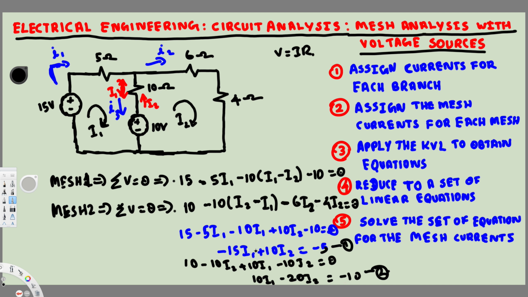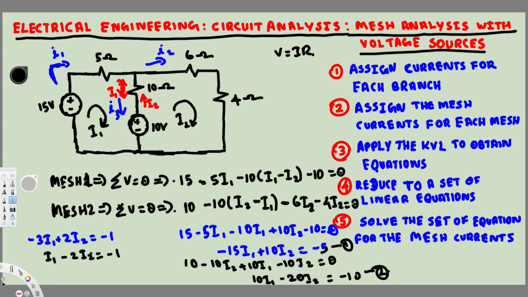In the first equation, you can see that we can simplify in basic terms, like we can divide everything by 5. That's going to give us minus 3 I1 plus 2i2 is equal to minus 1, right? And here also we can divide everything by 10. That's going to give us i1 minus 2i2, and this is going to be equal to minus 1, right?